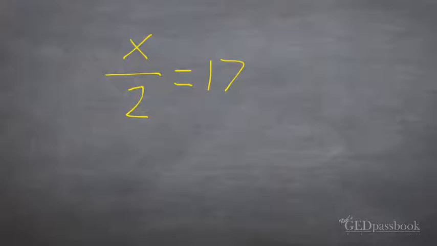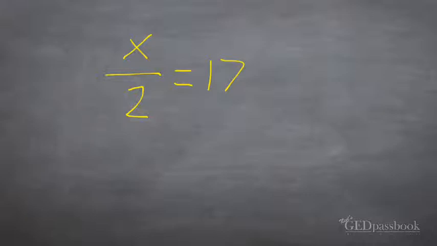X over 2 equals 17. What do you do in these situations? Well, here's the trick. Always, and I say always, look to your denominator. All right?